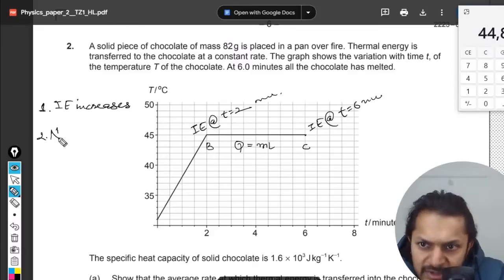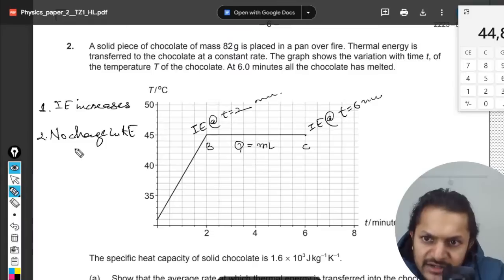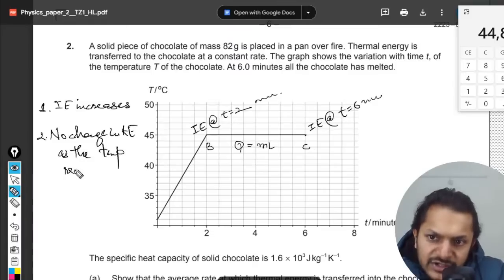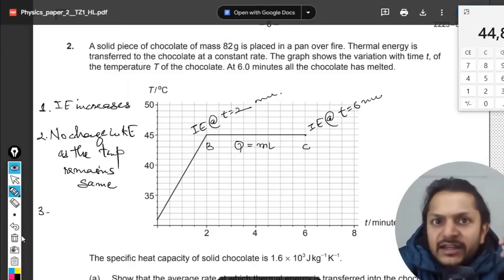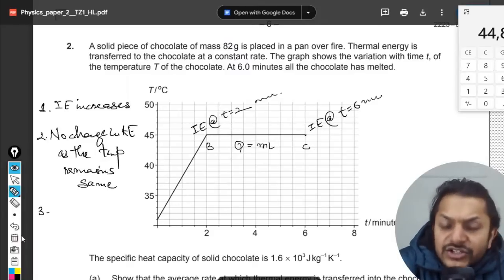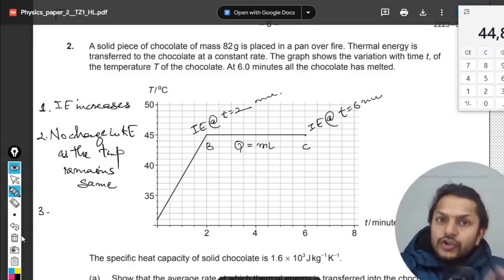So the second statement is no change in kinetic energy as the temperature remains same. So, where is this energy going? Obviously, it is used in increasing the potential energy.